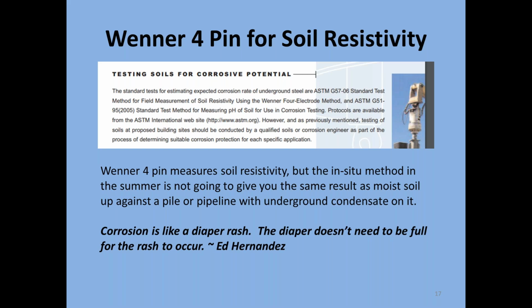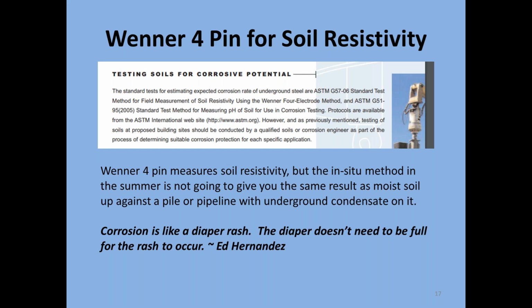Now, the soil box is basically a 1 or 4-pin test, but in a box. And the reason it's important to find the minimum resistivity by adding the moisture is because when you have pipelines or piles underground, there is condensation underground.